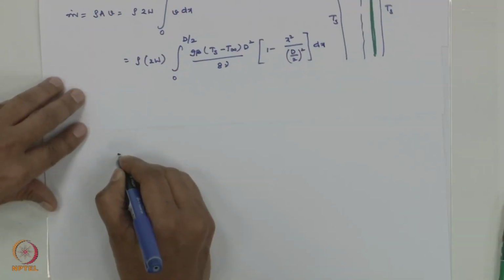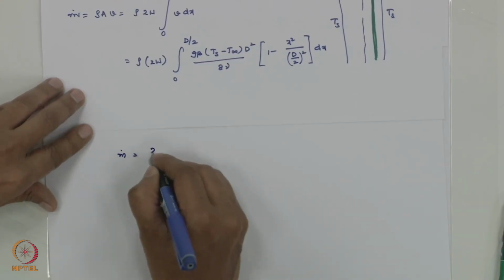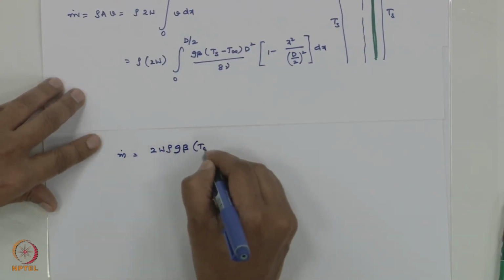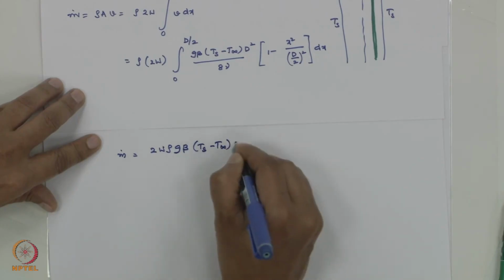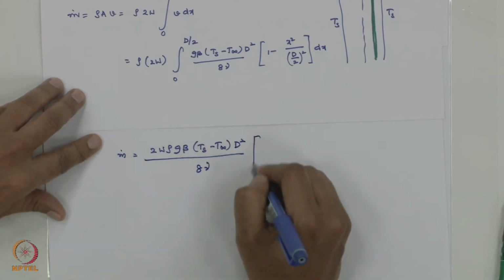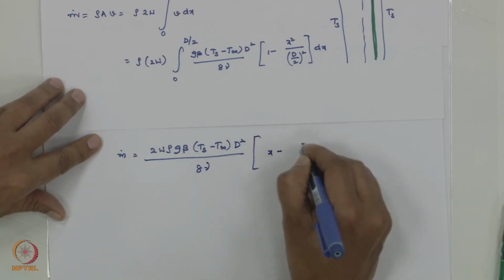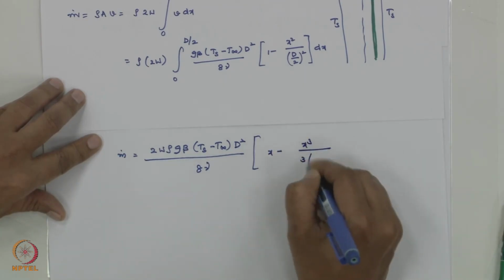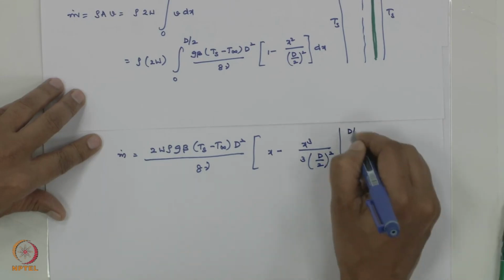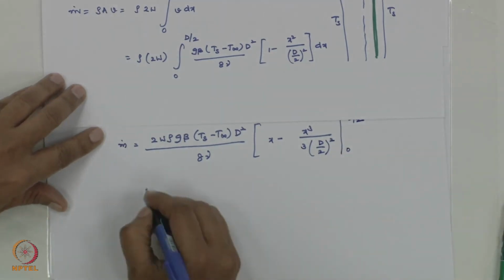So m dot equals 2w rho g beta Ts minus T infinity into d squared upon 8 nu into x minus x cube by 3 into d by 2 whole squared, within the limits 0 to d by 2.